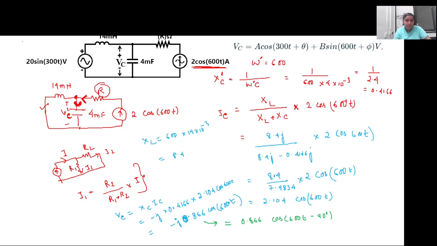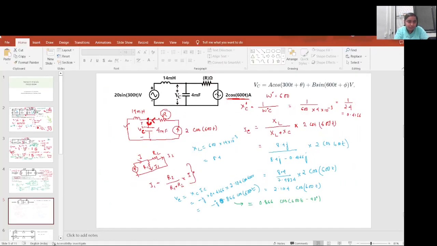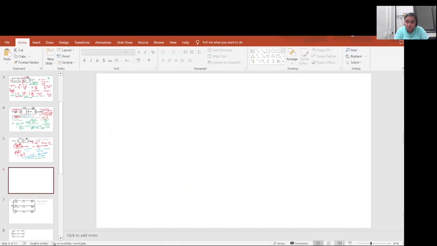Okay, let me open up a slide. You have z equal to a plus jb, where this is the real part and this is the imaginary part. Now if you are to write in terms of polar coordinates, that is mod of z into angle of z, this theta is given by tan inverse of b by a.